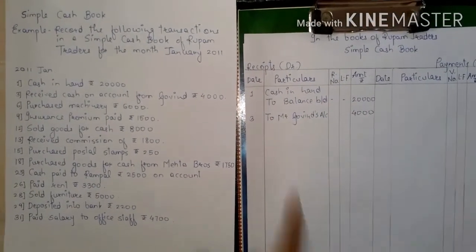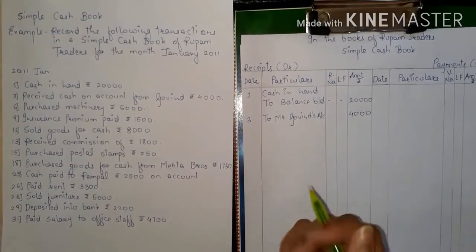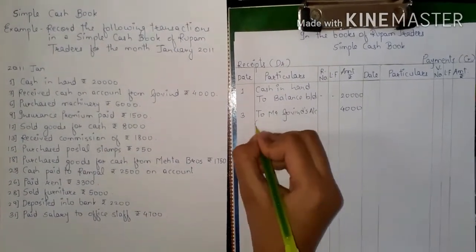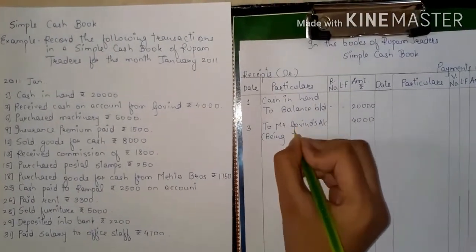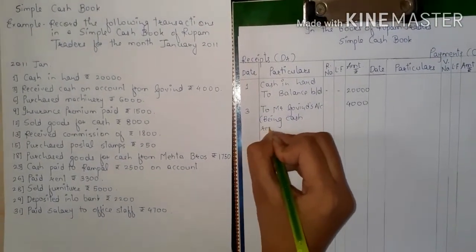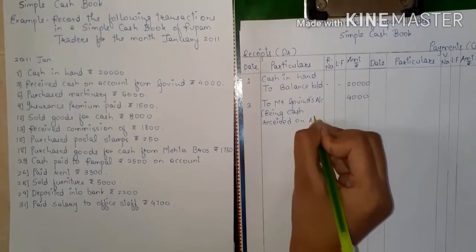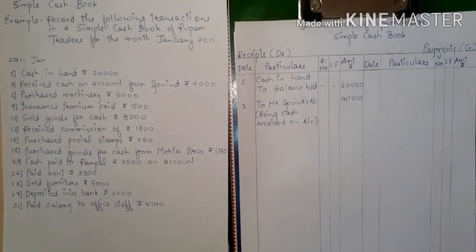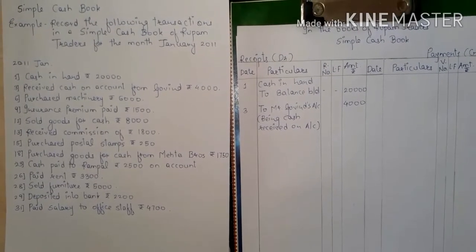Now next narration for this, we have received cash on account from Govind, so we will write the narration being cash received on account. I will write here in the short form. So that is the narration for the second transaction of 3rd January.